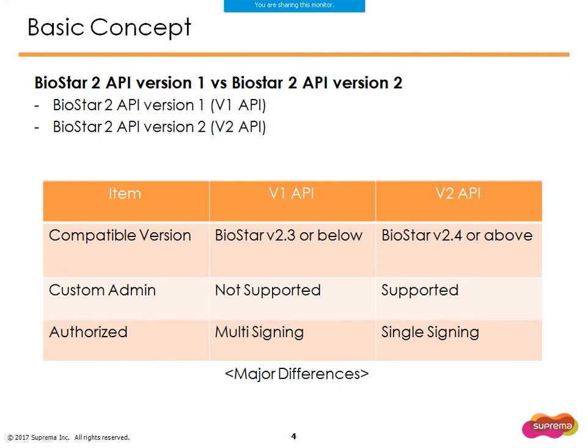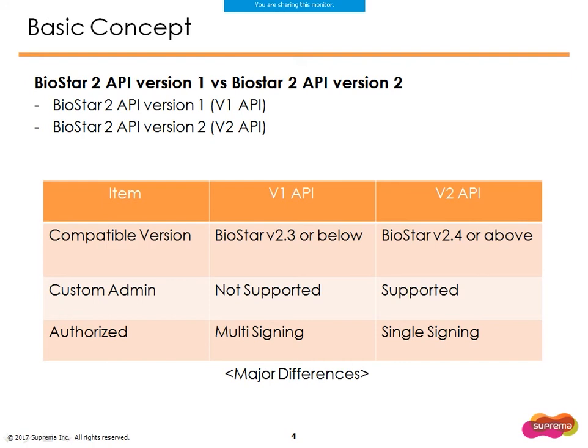Looking at the table regarding major differences between V1 API and V2 API, first of all, V1 API is compatible with Biostar version 2.3 or lower versions, whereas V2 API is compatible with Biostar version 2.4 or above. Second, as of Biostar version 2.4, custom levels can be created, unlike the previous version.